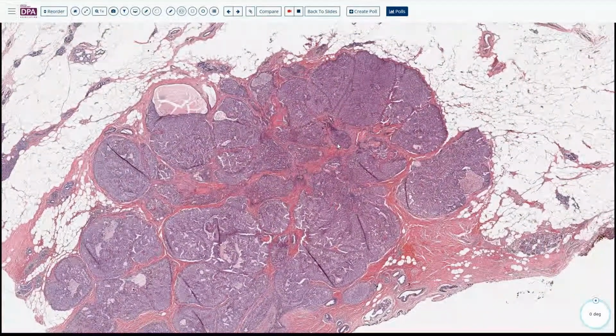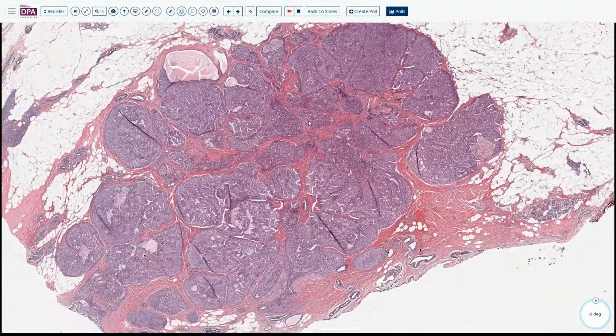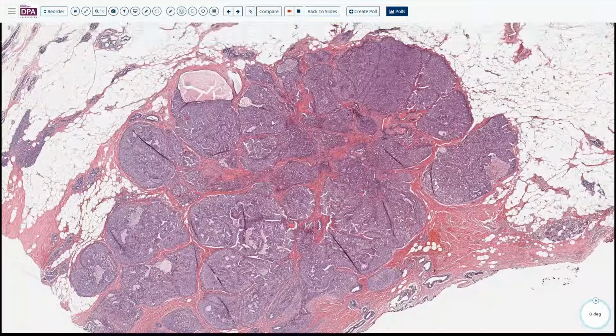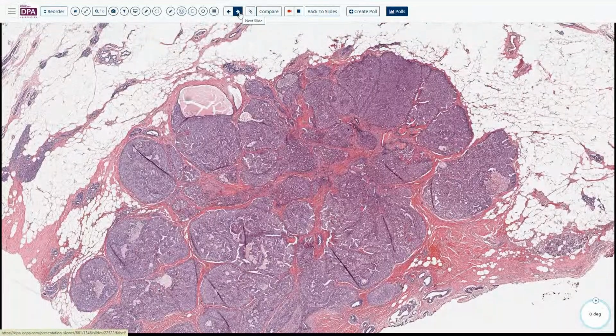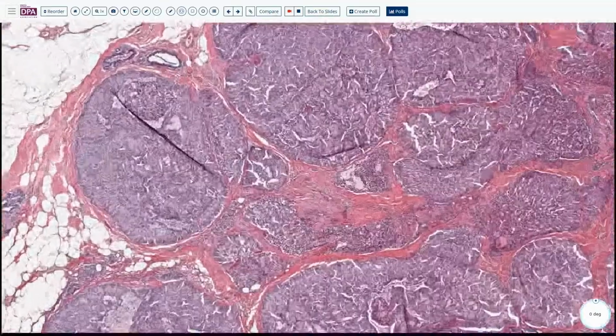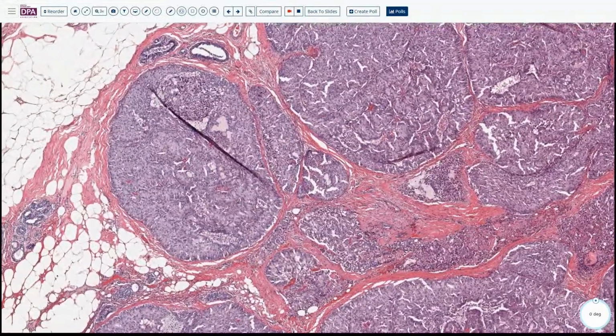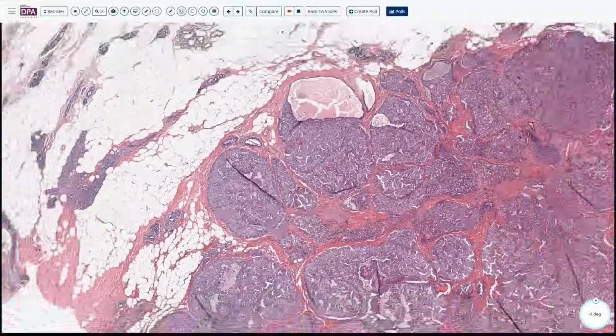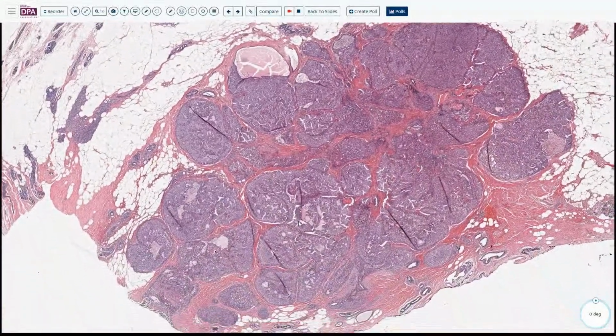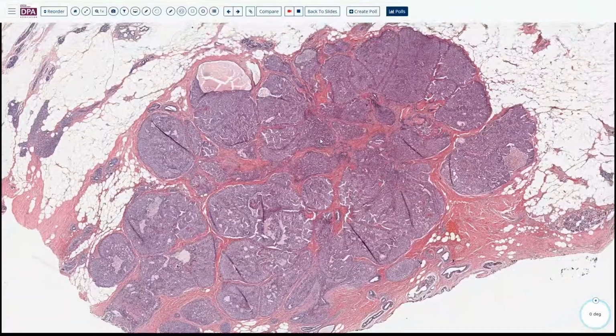So when you do myoepithelial cell staining, CK5/6 or P63, they usually do not have any staining of this. And then this one, because we do not see any suspicious invasive area, we sign out as solid papillary carcinoma. Of course, as mentioned, it is like DCIS.